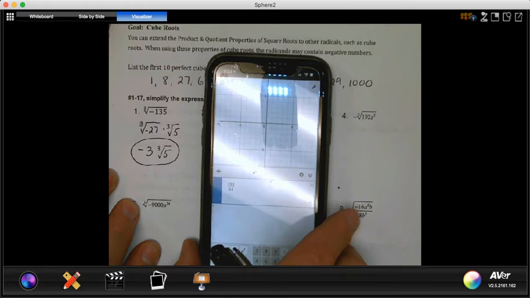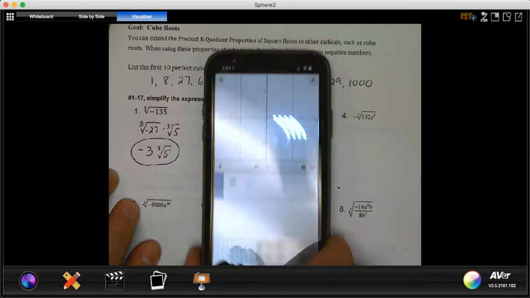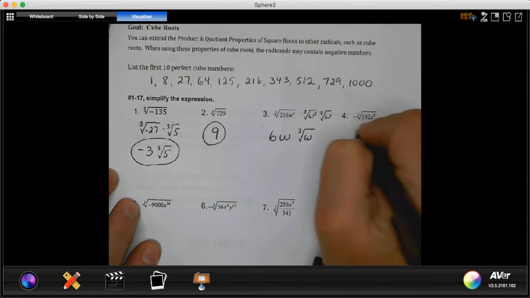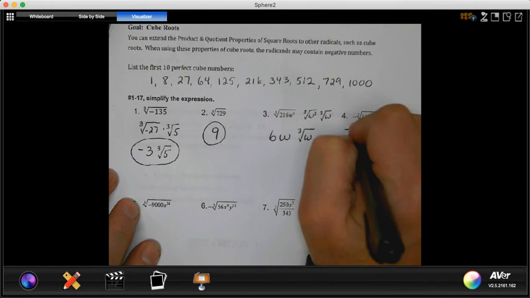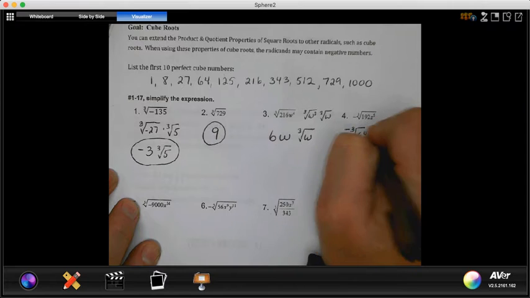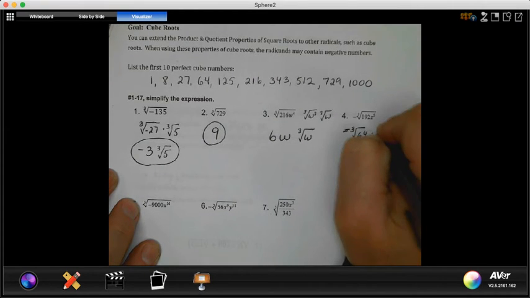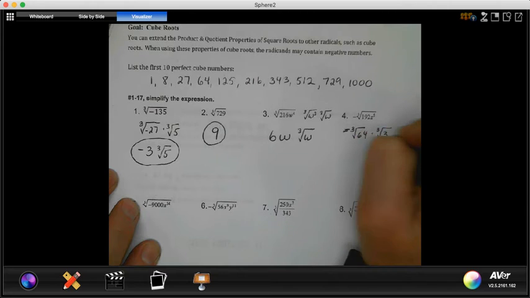Yep, 192 divided by 64 is 3. Even I got to use my calculator to figure that out, guys. So I'm going to break it apart as negative cube root 64 times cube root, it goes in 3 times, and then you still have the z to the 5th.